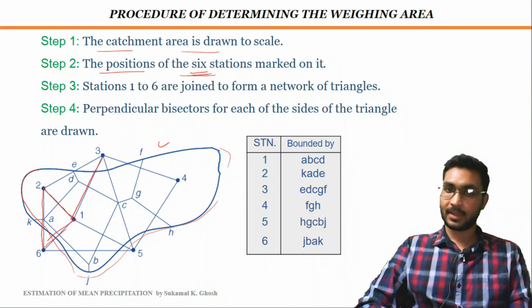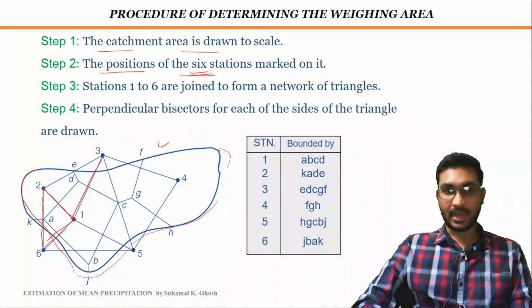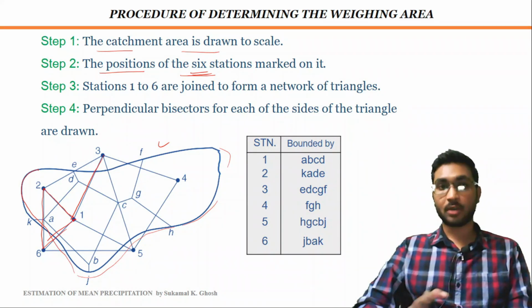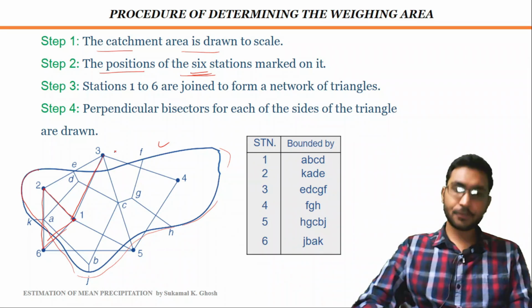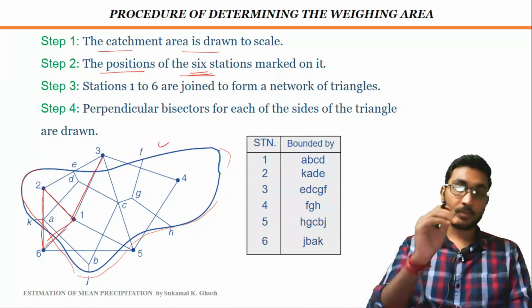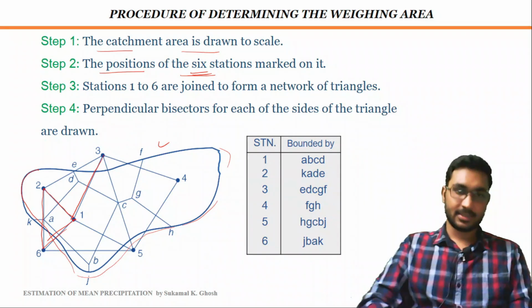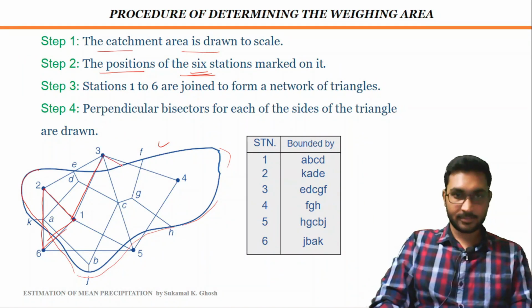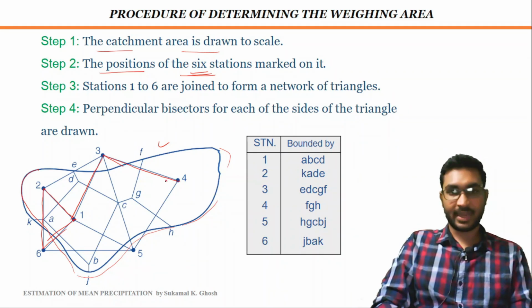Okay. Now the last step is to draw the perpendicular bisector of each side of the triangle. Suppose this is a line which is joining number 3 rain gauge station and number 4 rain gauge station.